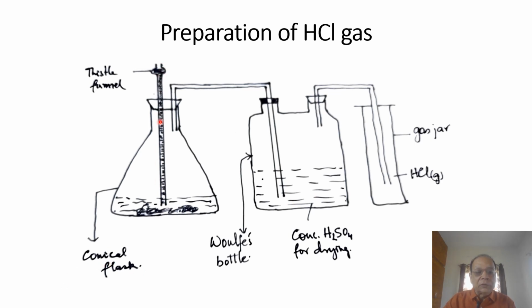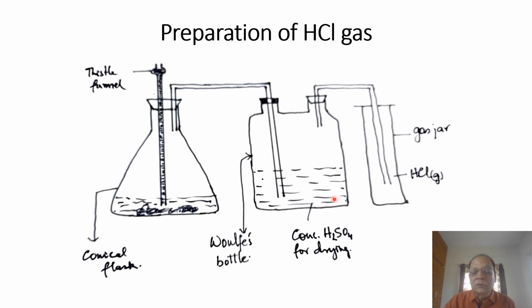As the acid comes down and reacts with sodium chloride kept here, the gas is evolved and is led through this delivery tube into a Wolf bottle, into which the delivery tube dips inside the level of the concentrated sulfuric acid.